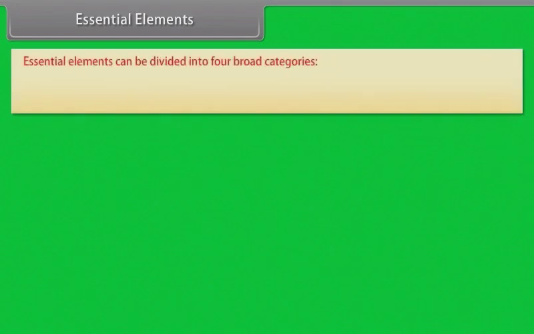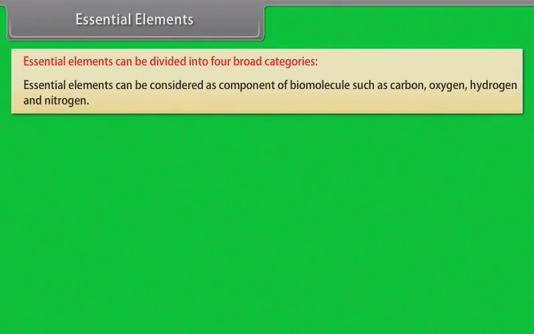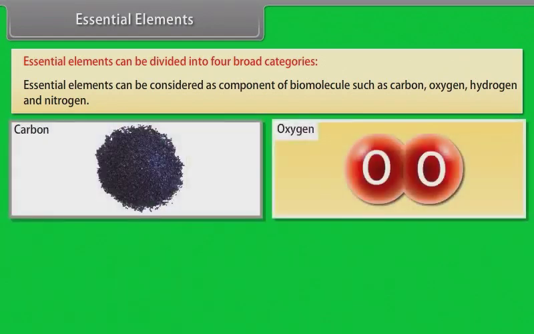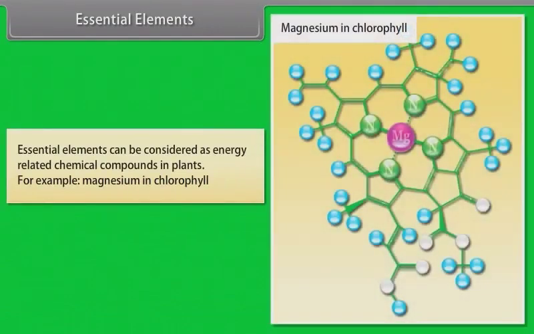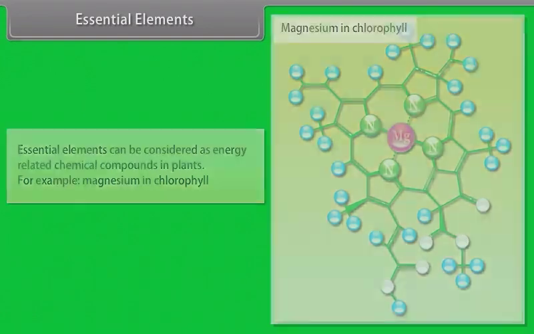Essential elements can be divided into four broad categories. Some are components of biomolecules, such as carbon, oxygen, hydrogen, and nitrogen. Some are energy-related chemical compounds in plants, for example, magnesium in chlorophyll.